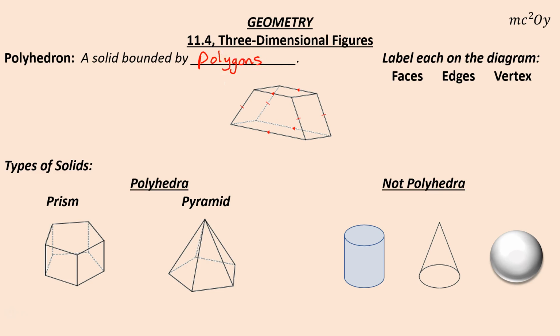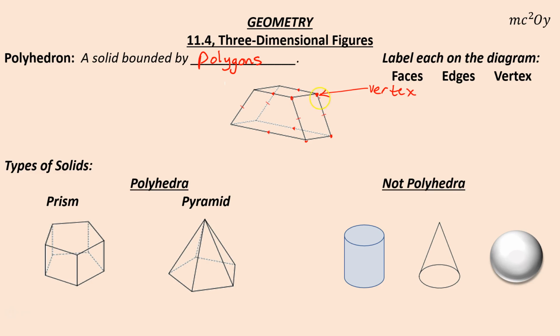If we were to label faces, vertices, and edges on this polyhedron, I'm going to label the edges and the vertex for sure. A vertex is every little point you see every time it comes to a corner. There are multiple vertices on this.